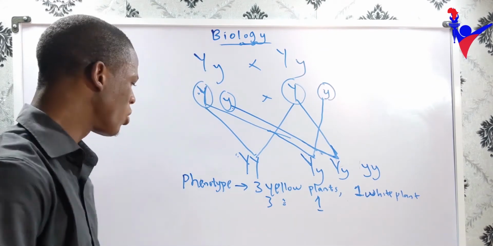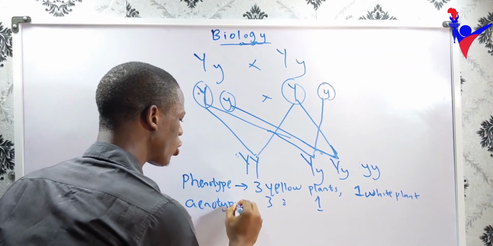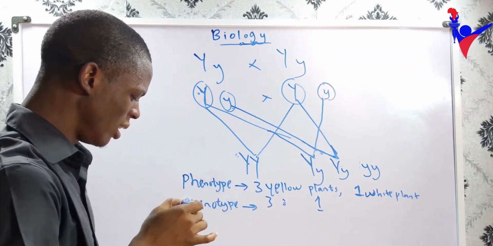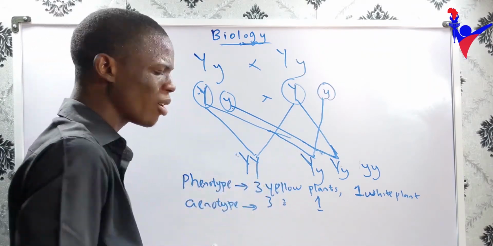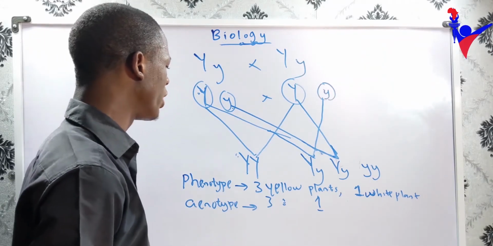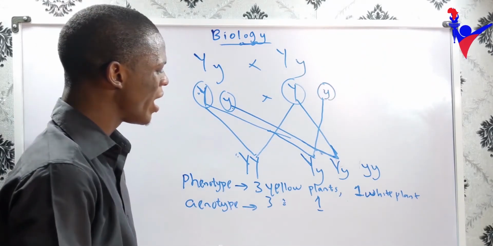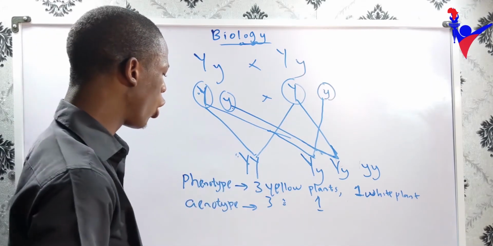But talking about the genotype, it is the whole composition of what makes up the organism. The genotype is talking about the entire composition of the organism, and for the genotype we have what we know as the same traits, which is your homozygous.